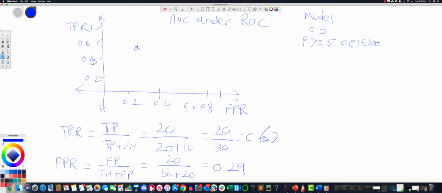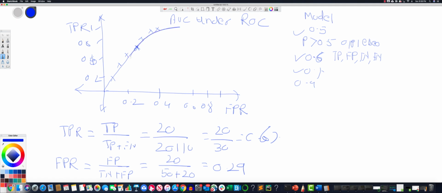Now you can vary the probability threshold to, let's say, 0.6, and recompute TP, FP, TN, and FN, then compute TPR and FPR, and you get another point somewhere here. So you keep plotting these points for different thresholds of probability, 0.5, 0.7, 0.9, and then you draw a graph that looks like this.